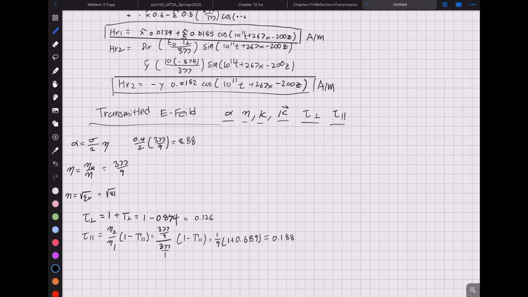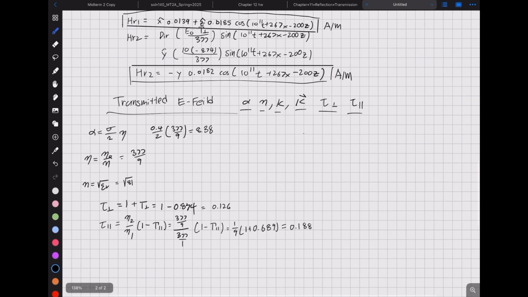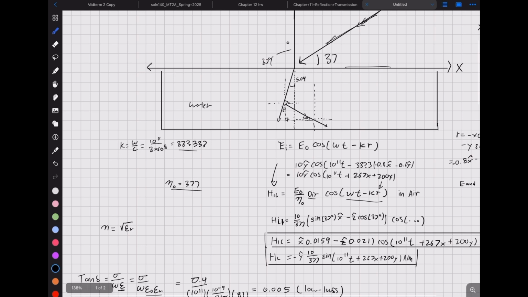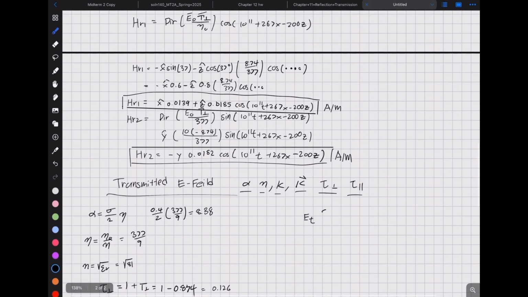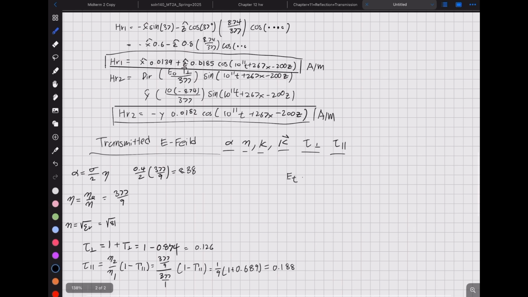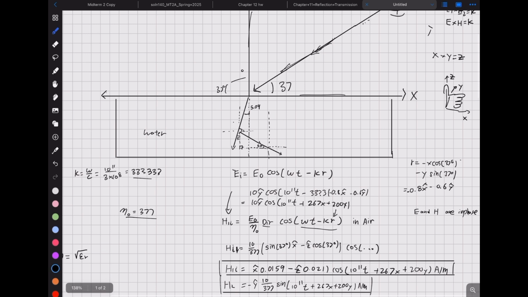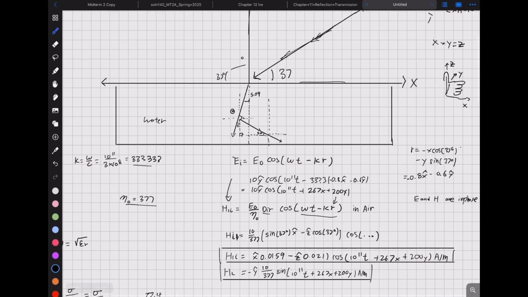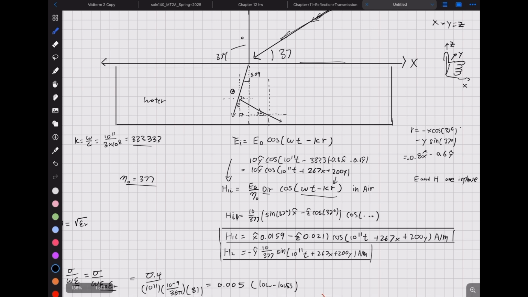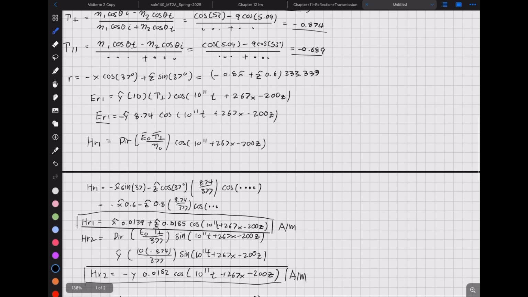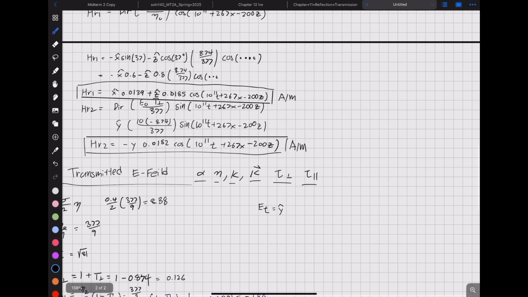This is enough information to start looking for our E of t. What else we have to know is that we need to know this k direction. So let's write this whole equation out. So we have y hat, because all of the E's are going to be in the same direction. So the E is going to be going up here. Using our right hand rule, we have going down into the page, and that E2 is going to be going that way because it's right hand circular polarization.